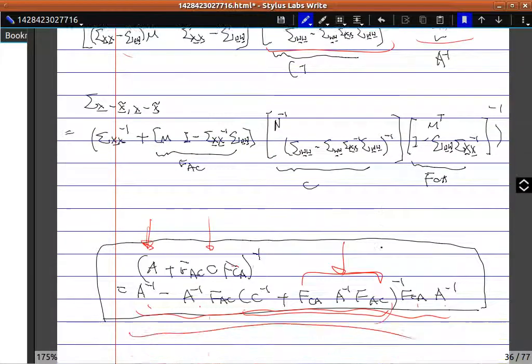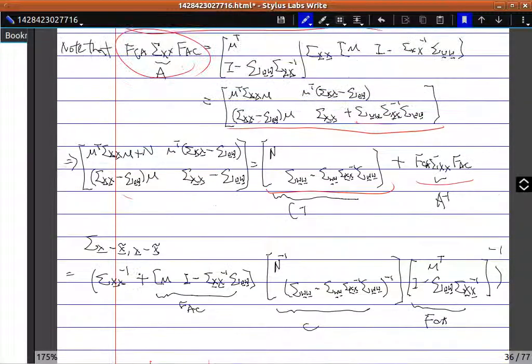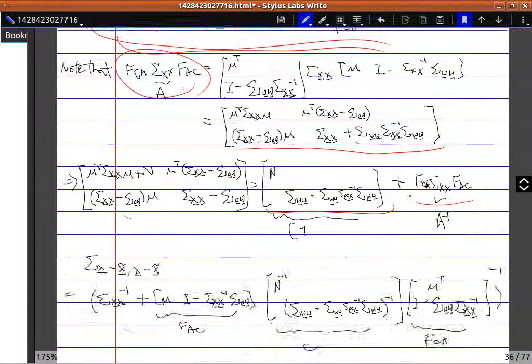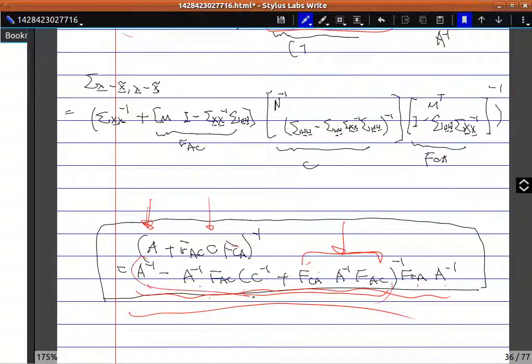Now I can use the matrix inversion formula, and write this original form into this form here. Then I have, this is basically A, and this is C, and so on.